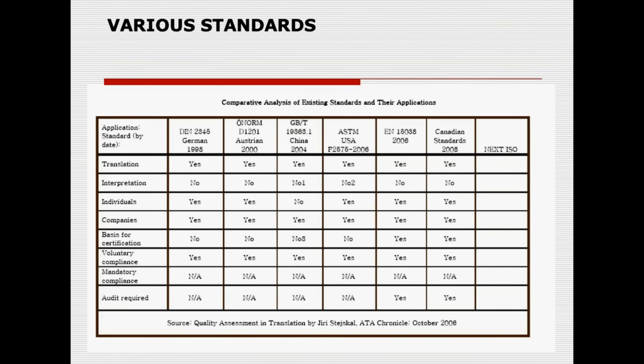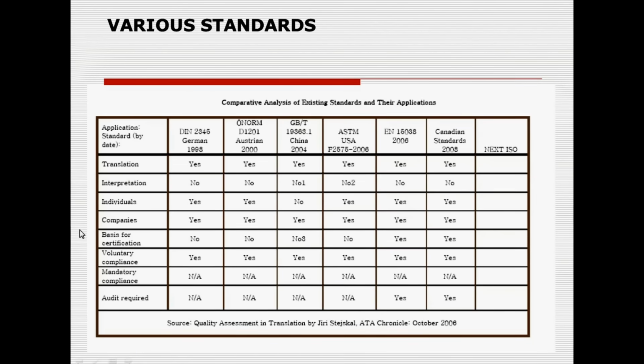This is a very good and brief table, and it talks a lot about quality standards. And thanks to our friend Ziri from the American Translators Association, who created this long back in 2006, which is still relevant in 2017.